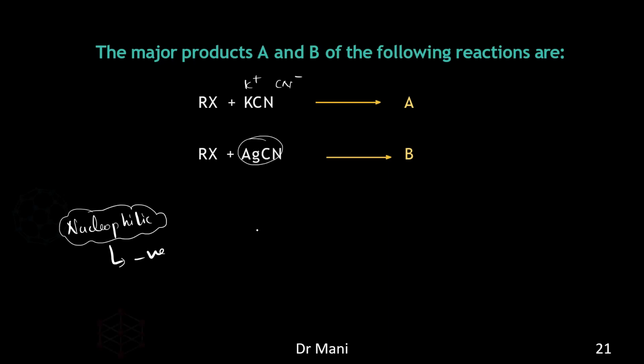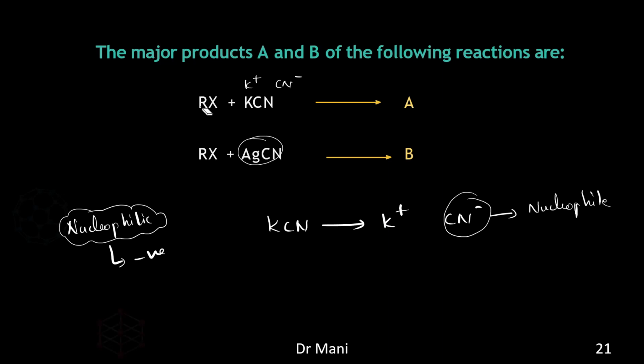Come on, guys. So KCN will go and break into K plus CN minus. Here our nucleophile is CN minus. So this nucleophile will be substituting the halogen. So whatever the RX is there, that will turn out like this.